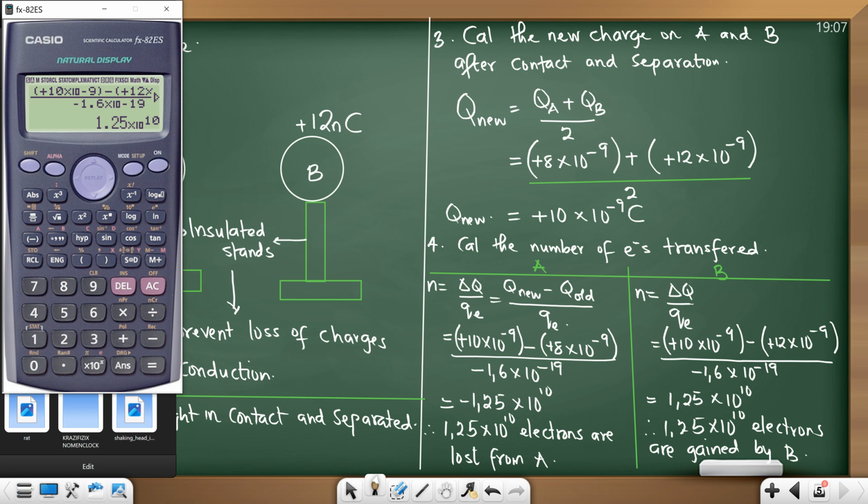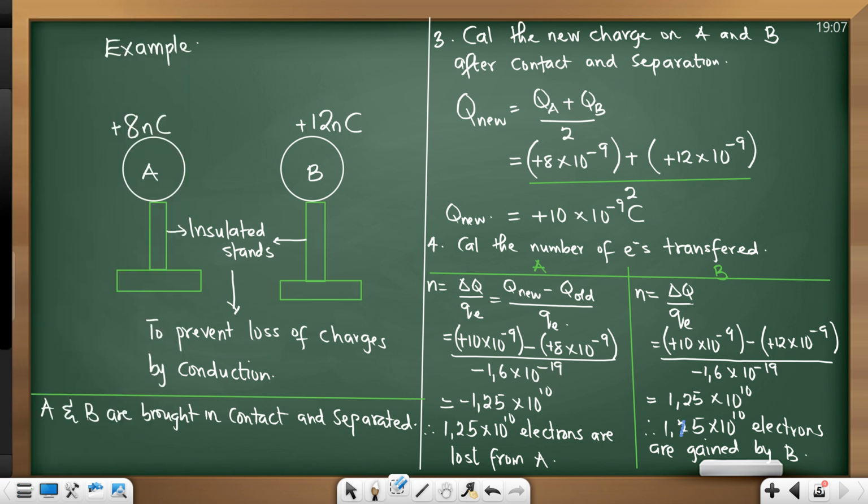And this confirms what we said, that it moves from A to B and not the other way around. All right, let me know once we're done.